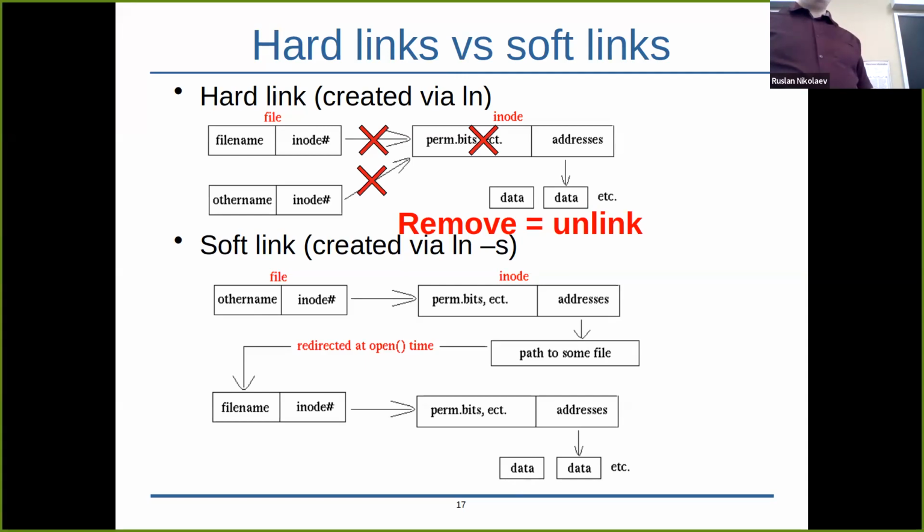So also keep in mind that symbolic links may have their own permissions, right? Of course, they have to satisfy the permissions of the original file. You still have to be able to access the original file, but the symbolic link itself can have some different permissions. Whereas with a hard link, both file names will share the same permissions. So the moment I change one file, the other is also going to be affected.